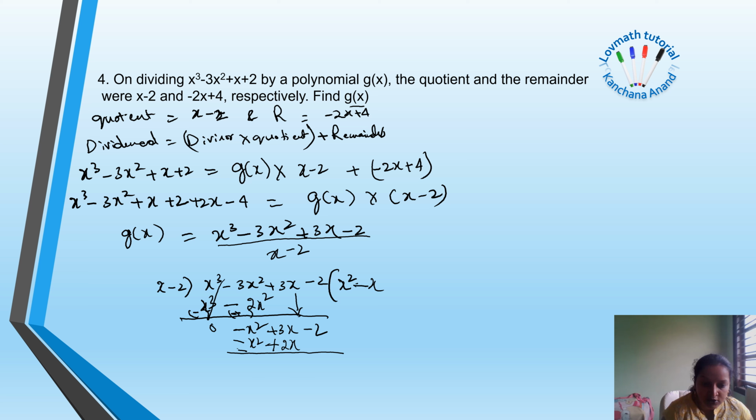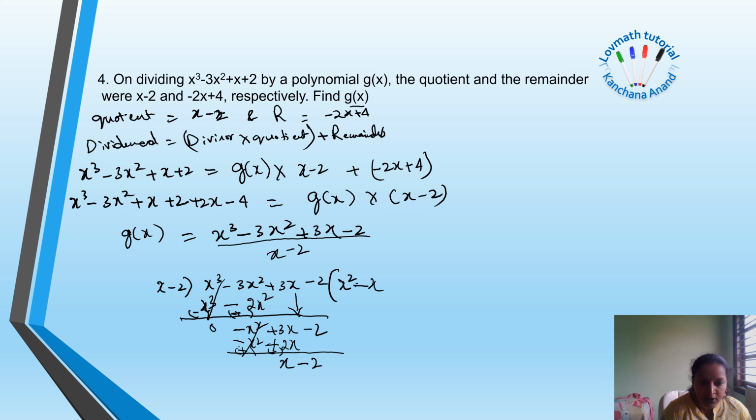That means let us subtract this. -x^2 becomes +x^2, and here +2x becomes -2x. So -x^2 and +x^2 cancel, and the remainder is +3x - 2x is +x, and here we will write -2 as it is.